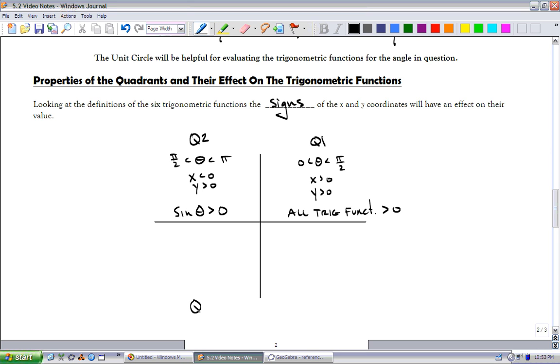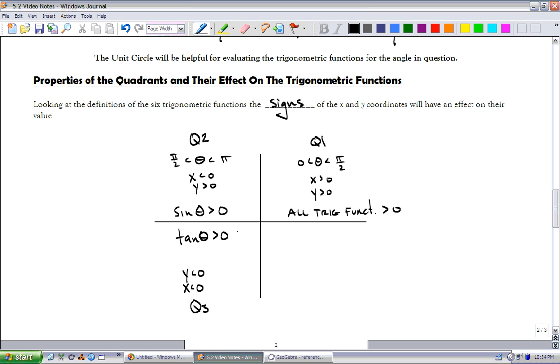In quadrant 3, x is negative, y is negative, and so if you think about this, since tangent is y over x, a negative divided by a negative is positive. Tangent will be the only one out of the 3 basic trig functions that will be positive.